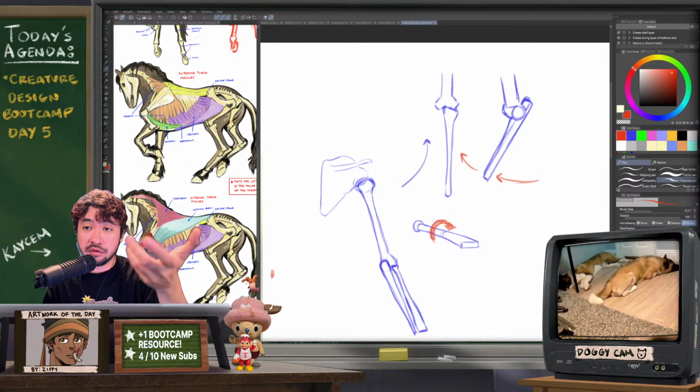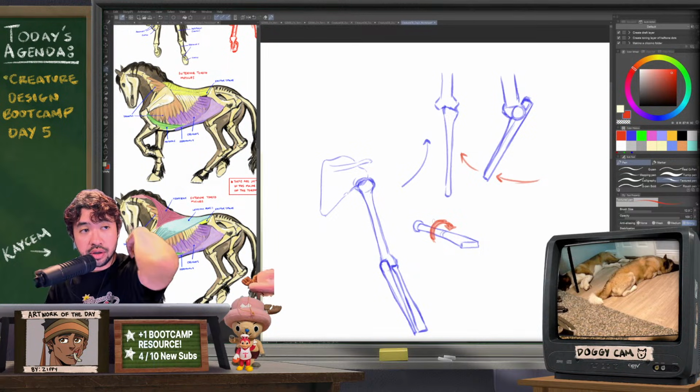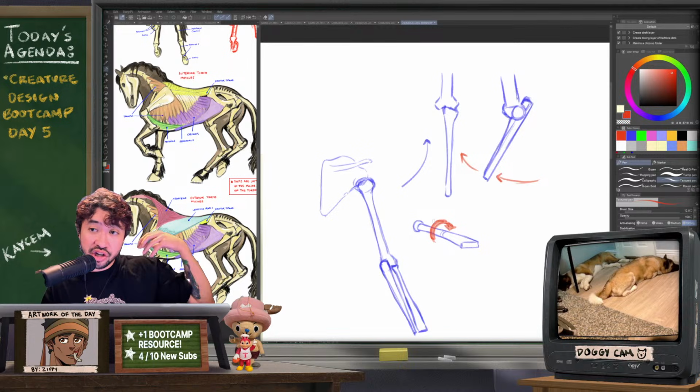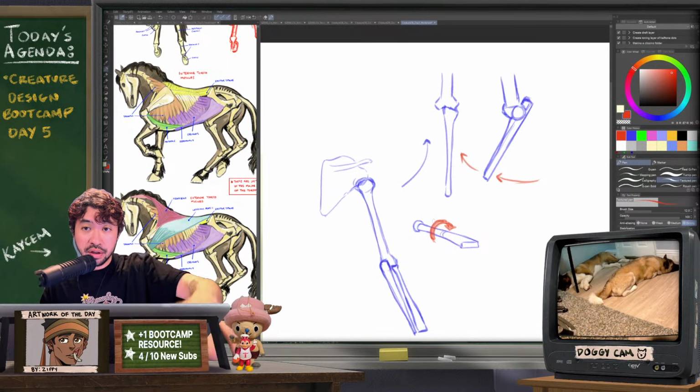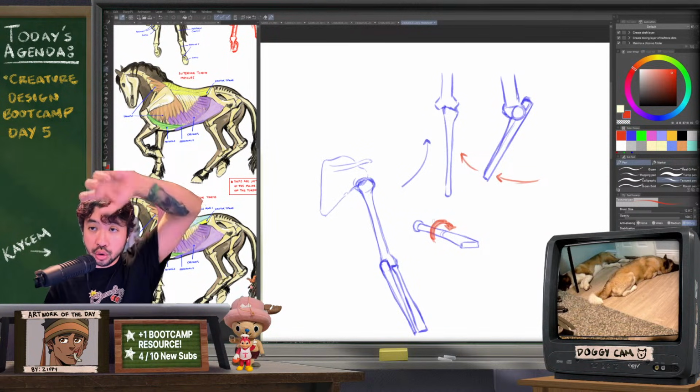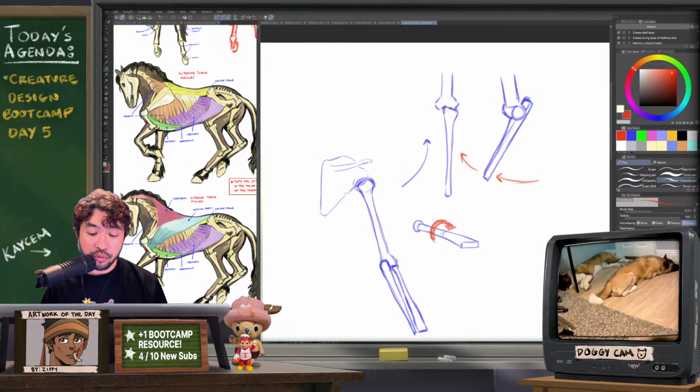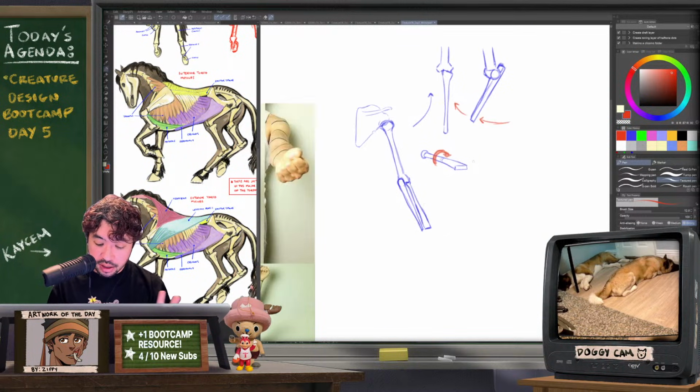We're given a lot of mobility in our shoulders to wiggle. I would say it's probably the most mobile bone section in our body, the ability to move around. So it's pretty cool, and that's why it's structured the way it is.